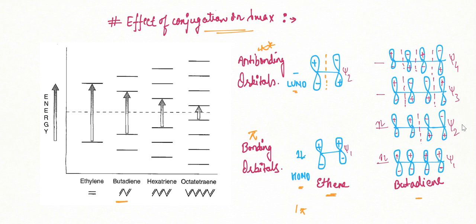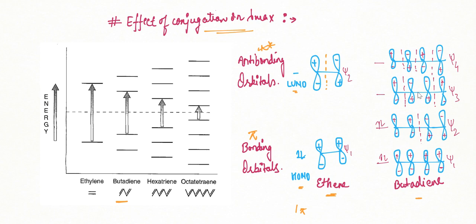In psi 2, which is higher in energy, there is one nodal plane like this. Let's say these two are in the same phase and these two are in the same phase but different from these two. So basically here is one nodal plane.